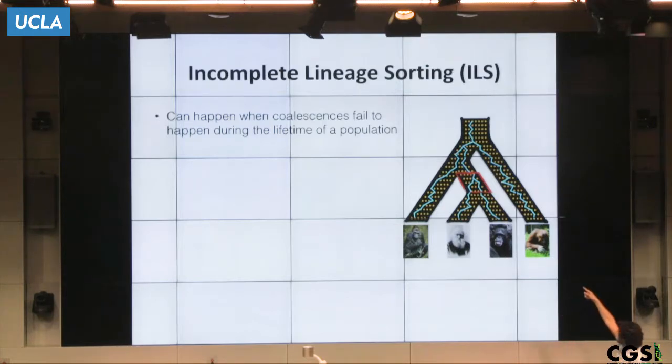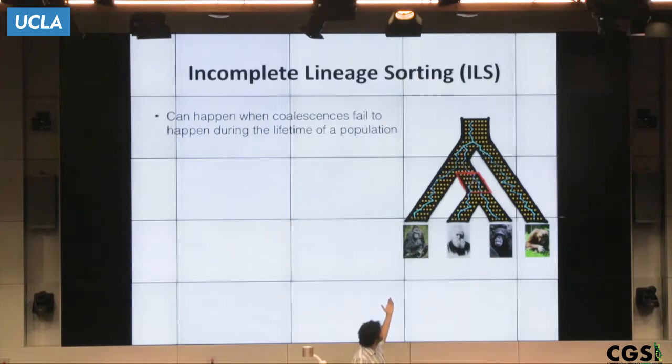So look at that red population that is ancestor to human and chimp. In this blue gene tree that I have drawn here, everything is happening fine. So you have two lineages coming up, one from human, one from chimp, and they are very happily coalescing inside that population, no problem. But coalescence is a random process. It could have happened that they didn't coalesce, right?